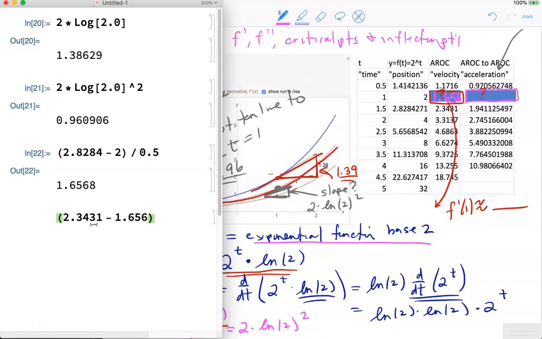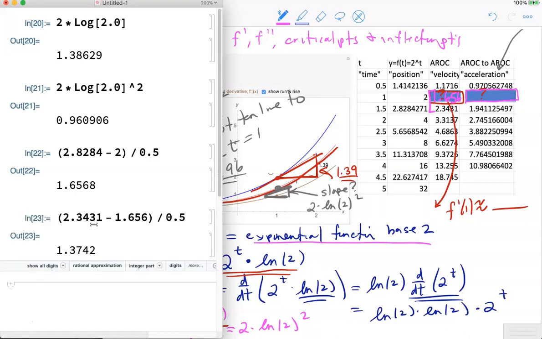Looking at these two values and subtracting them, and then dividing by 0.5, this number right here should be around 1.3742. So we can say that f prime at 1 is approximately 1.656, and the second derivative at 1 is approximately 1.3742.